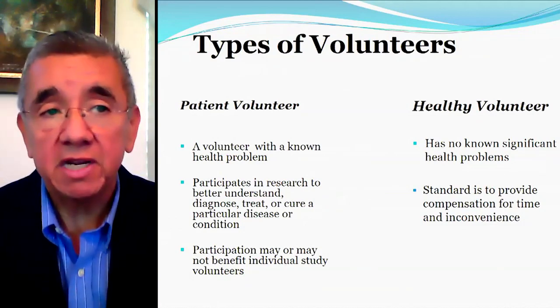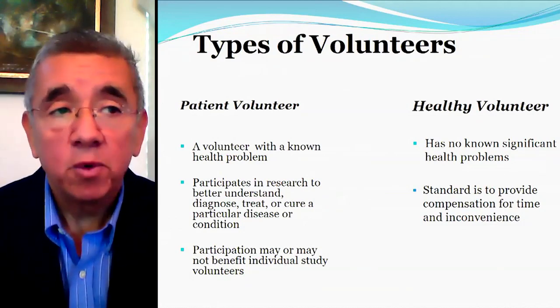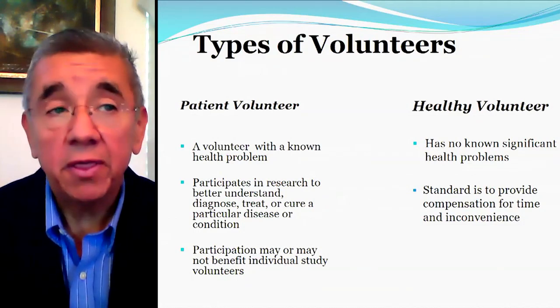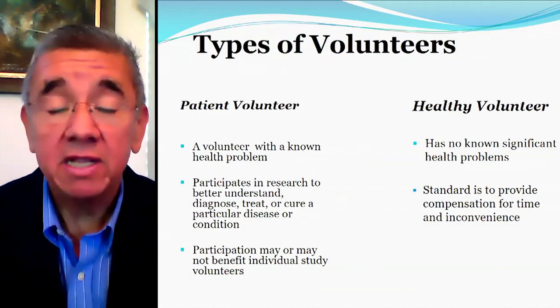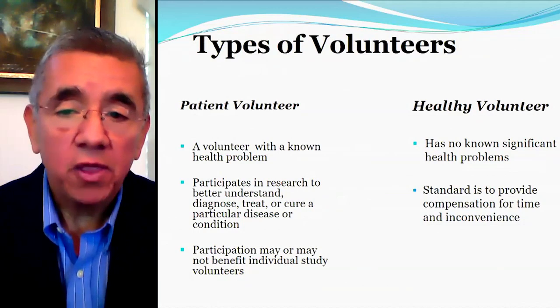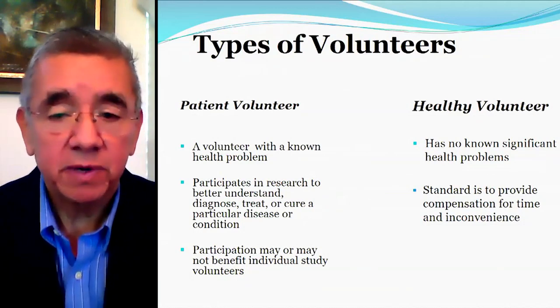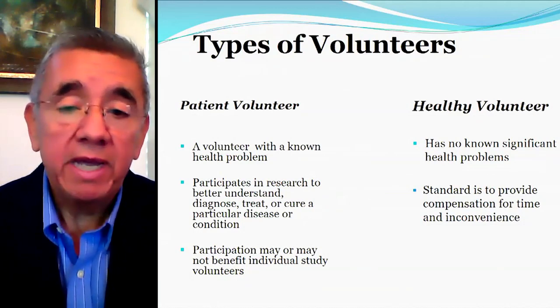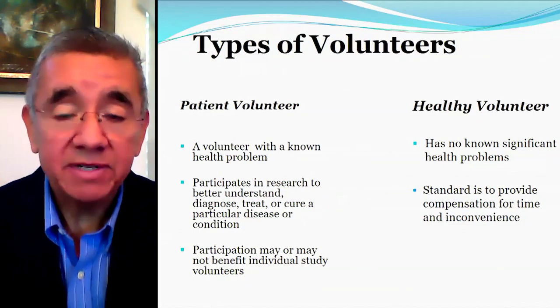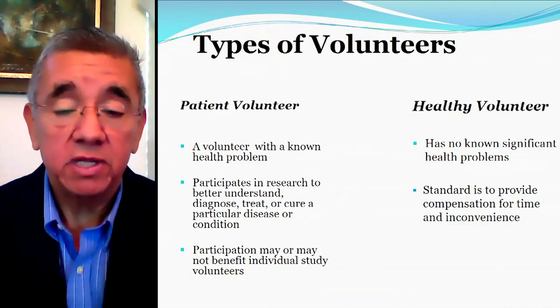For healthy volunteers, we have a pool of more than 135,000 in our registry. The healthy volunteer participation is really important because we have a lot of studies that are looking for healthy volunteers.